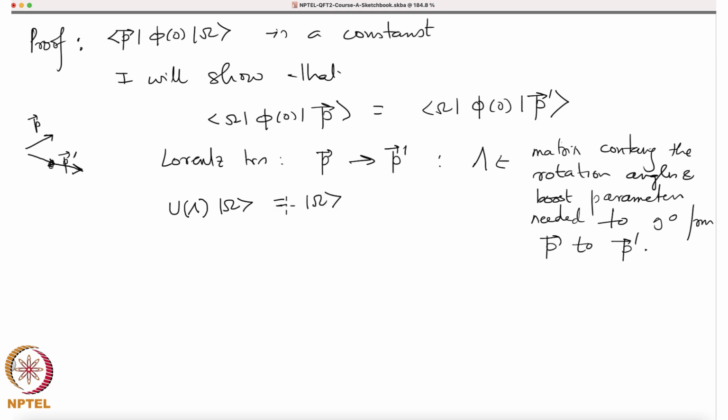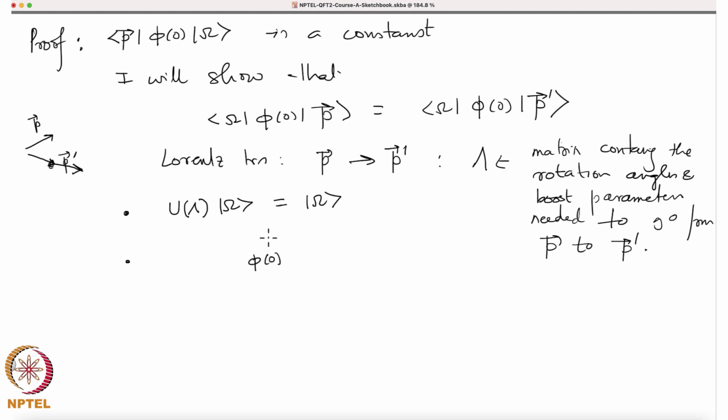It remains invariant, which we have already assumed. That will be one input, and the second input will be the fact that phi is a scalar field. So if you take phi of 0, where 0 is for t and space both, then doing a Lorentz transformation will give you again the same thing back. It doesn't change. By a scalar we mean an object which doesn't change under that transformation.